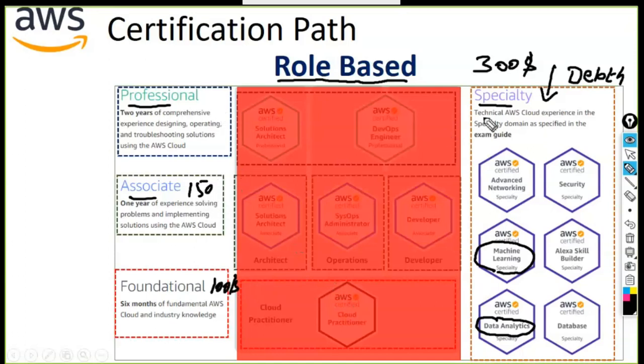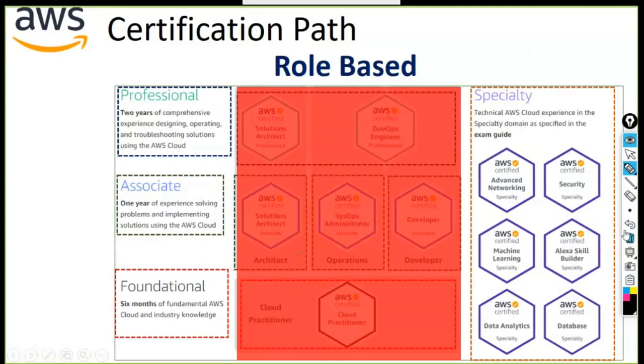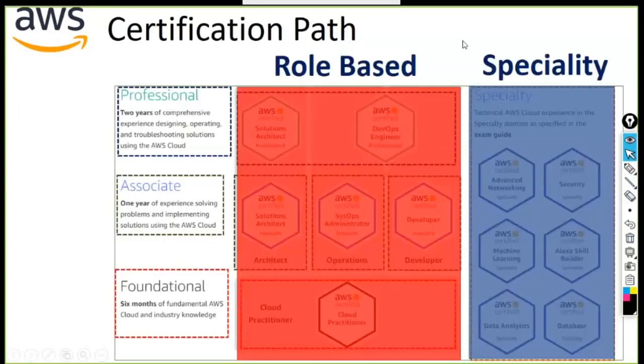For professional and specialty, it is $300. So to move out for the specialty, you need the depth of knowledge in that specific domain. Then only you can appear for that certification. Hope this is clear.